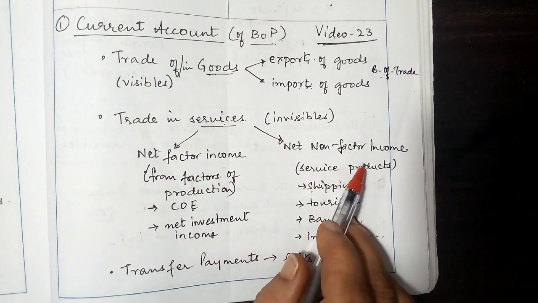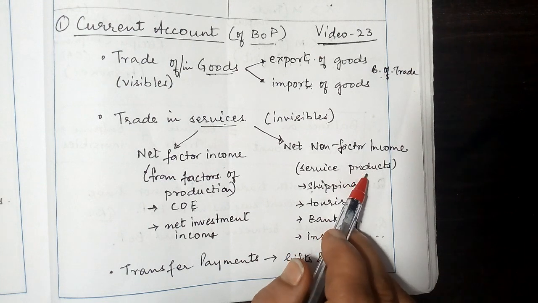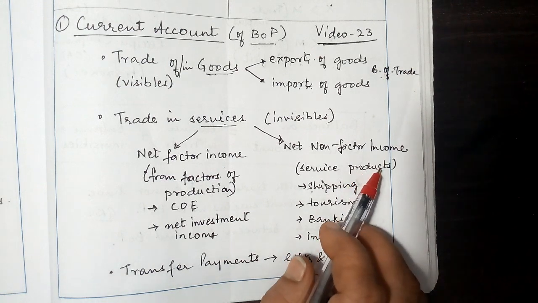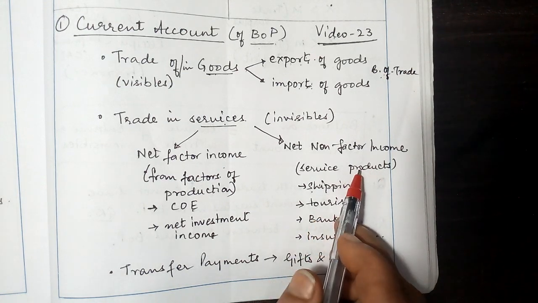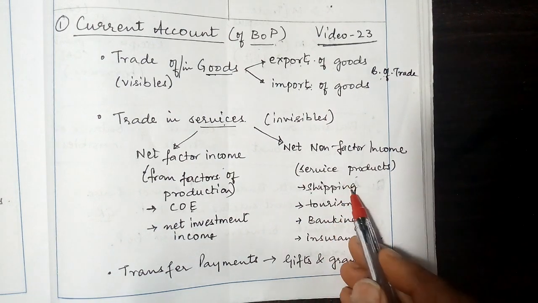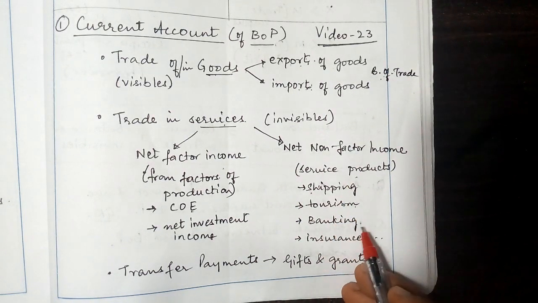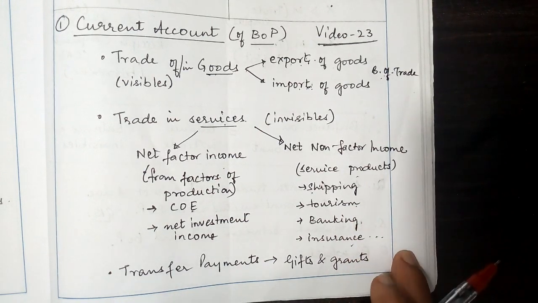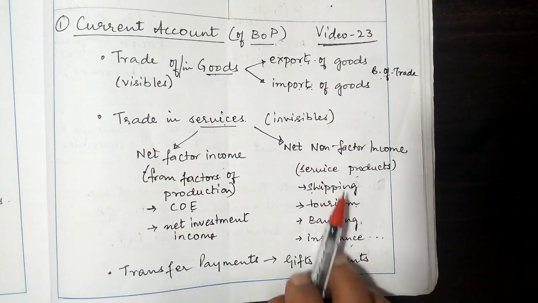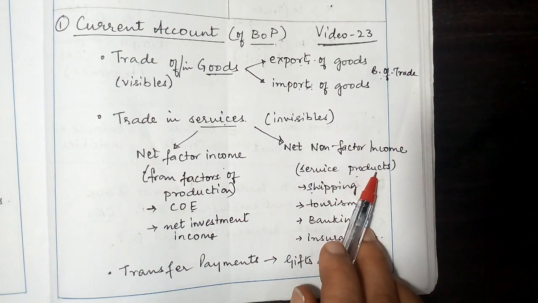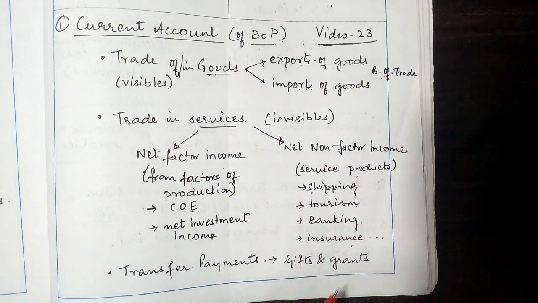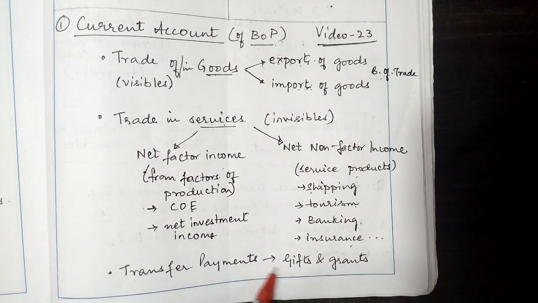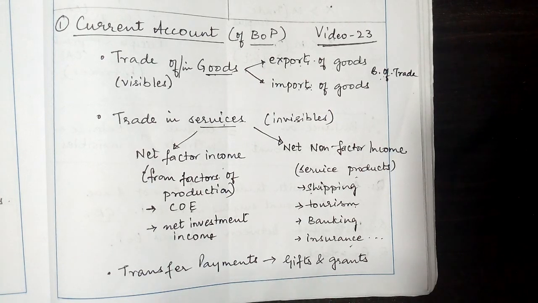Then net non-factor income. It is the sale of service products. Service products like shipping, tourism, banking, insurance. These are all called the service products. Now the last one is the transfer payments, which includes gifts and grants which are free either from our relatives or by the government.